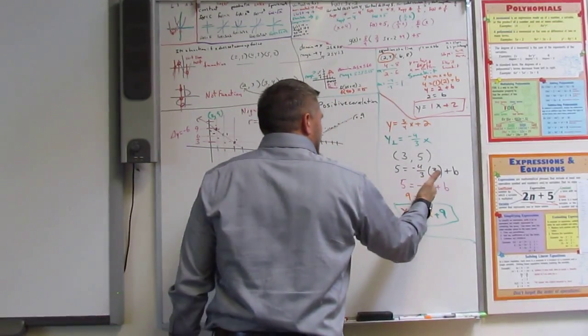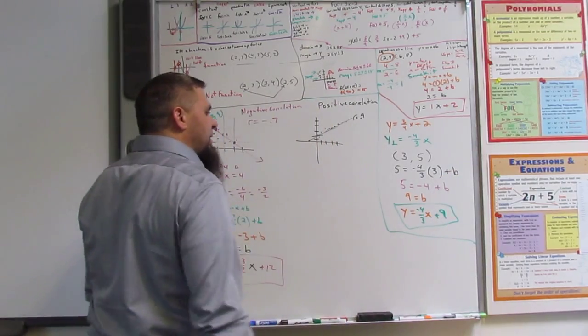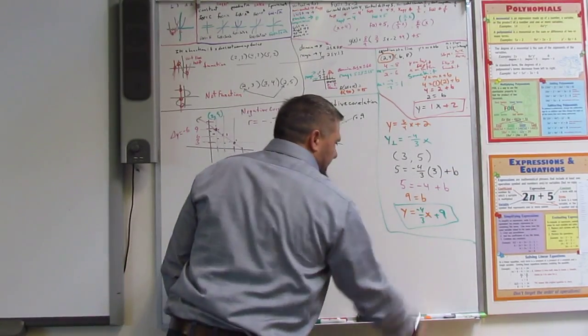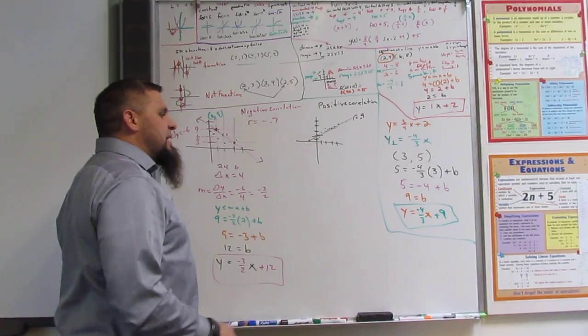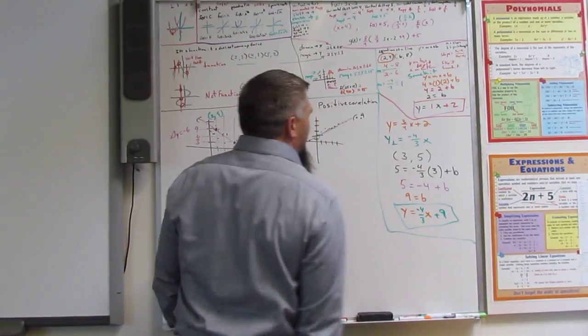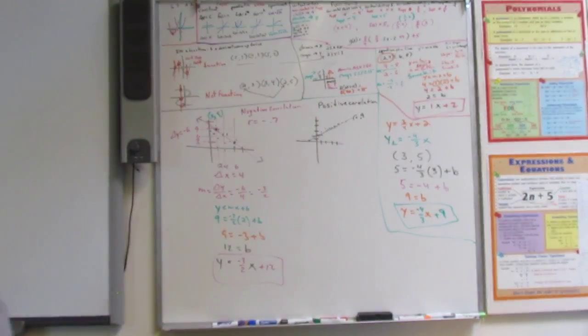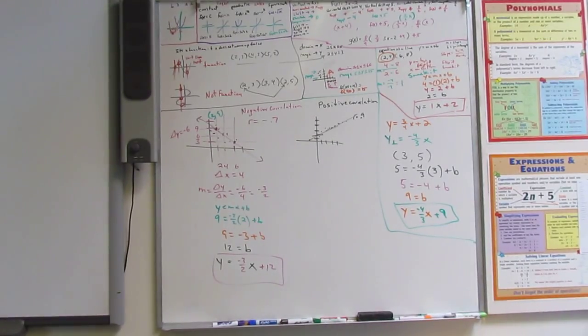So 5 equals -4 plus b. 9 equals b. So now I have y equals -4/3 x plus 9. And that's the line perpendicular going through this point.